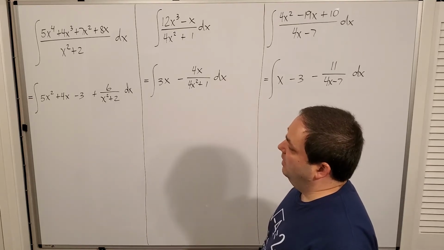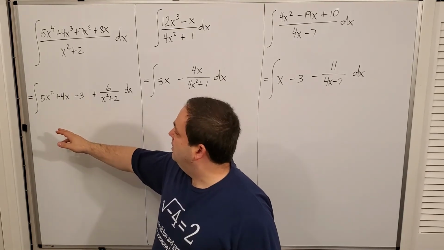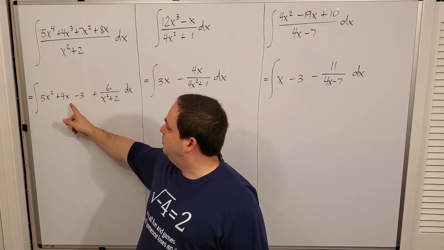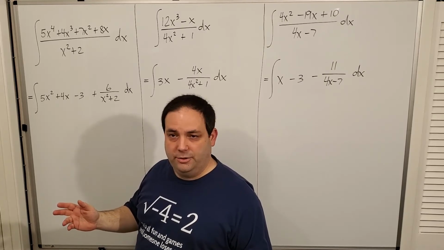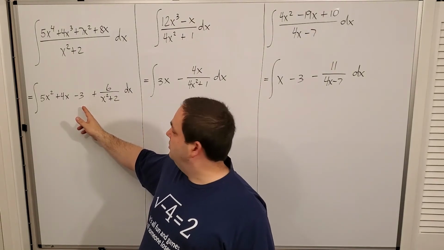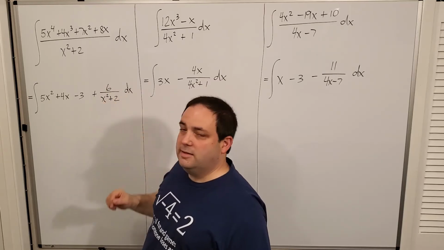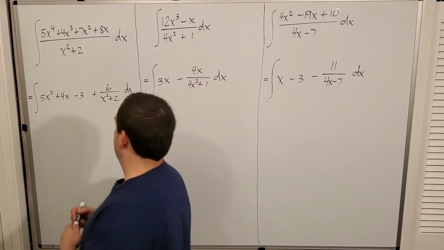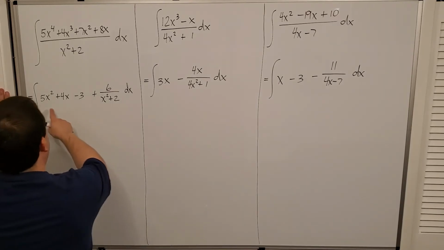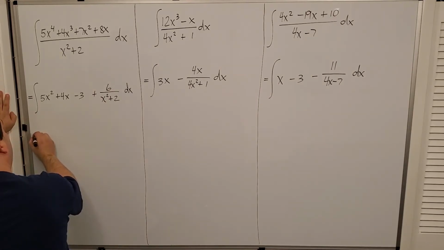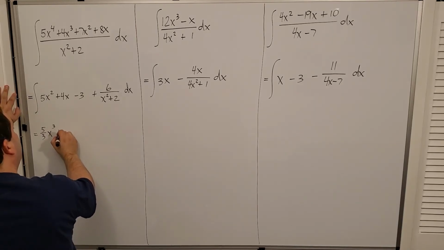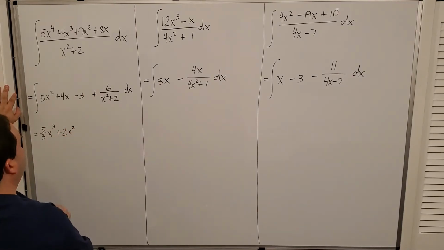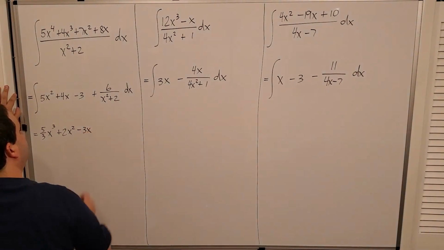Then from here, once you do the division, notice that the integral can split up amongst all of the different pieces. That makes it incredibly easier. These 3 are just power rules, and then this right here I hope you recognize as an arctan rule. So then right here I'm going to have 5 over 3 x cubed after I do my power rule plus 2x squared minus 3x.